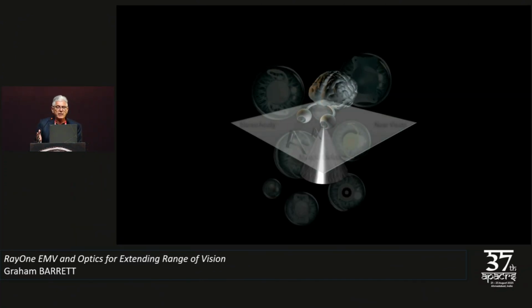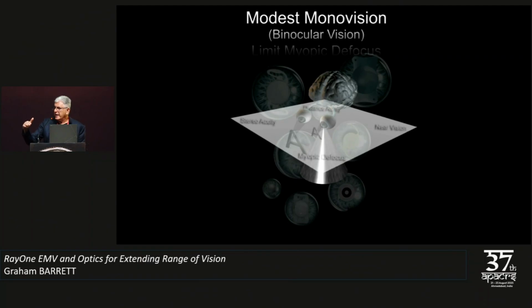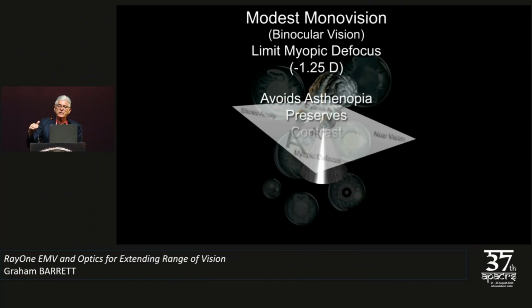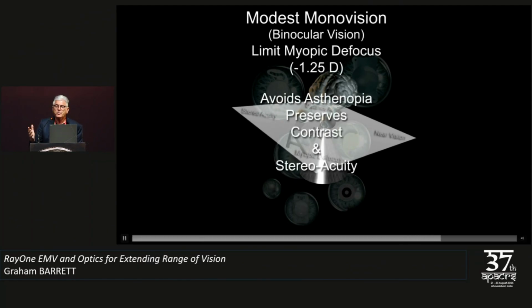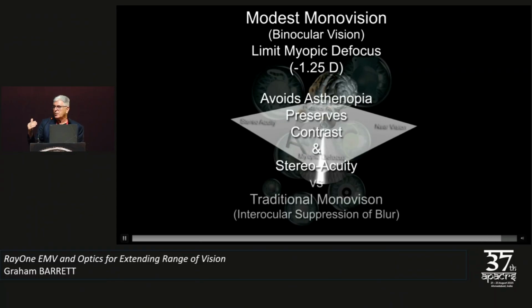If I did anything worthwhile, it's identifying an amount of myopic defocus, which I call the magic number, which is optimum. Because at -1.25 myopic defocus in one eye, you avoid asthenopia, it preserves contrast and stereoacuity, as opposed to what was often practiced, which was traditional monovision at -2.